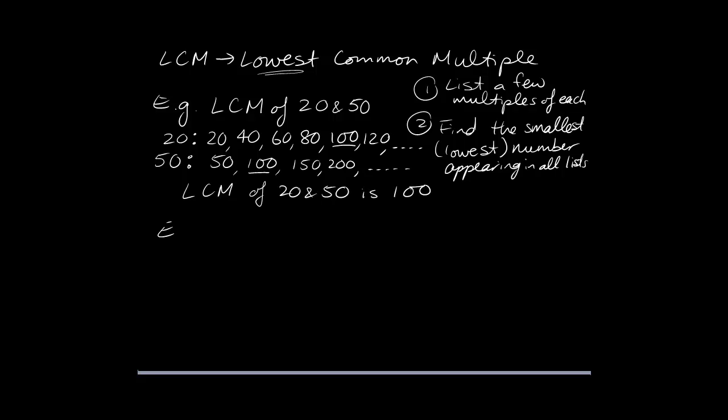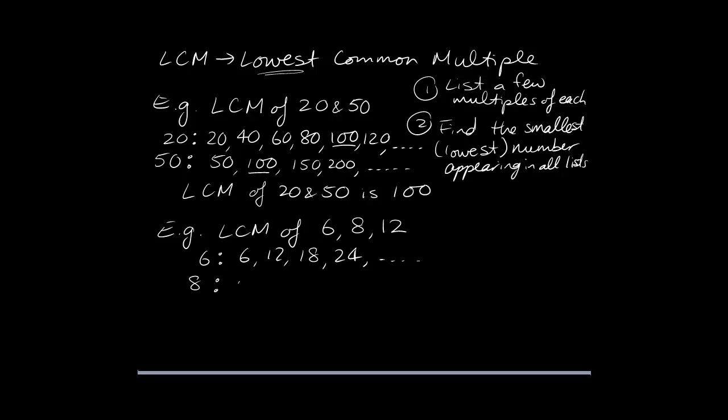Okay, let's have a look at just one more example. Suppose we want the lowest common multiple of 6, 8, and 12. So this time we've got 3 numbers to deal with. Let's list a few of the multiples of 6: 6, 12, 18, 24, and so on. 8: 16, 24, 32, 40, and so on.